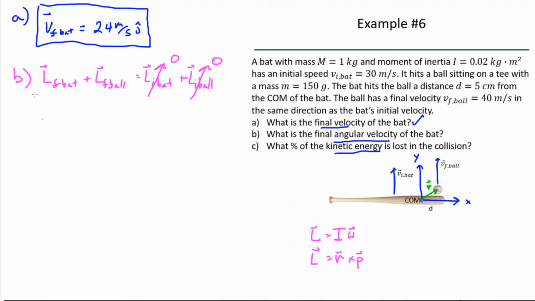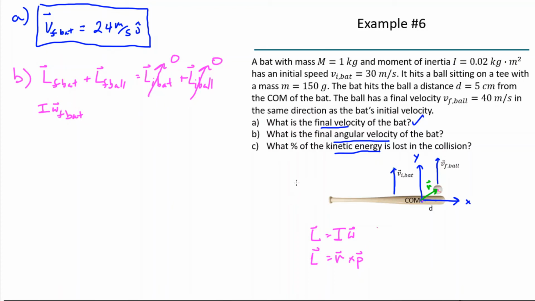So L final of the bat is just going to be I, the moment of inertia of the bat, times omega final bat.